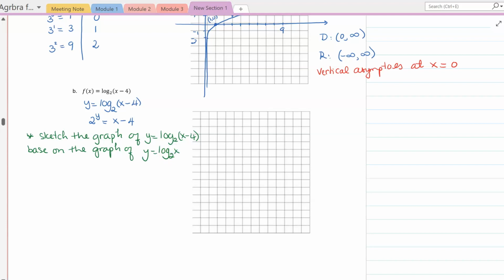Okay, and now I know that the graph y equal log base 2 of x minus 4 is shifted 4 units to the right of y equal log base 2 of x.